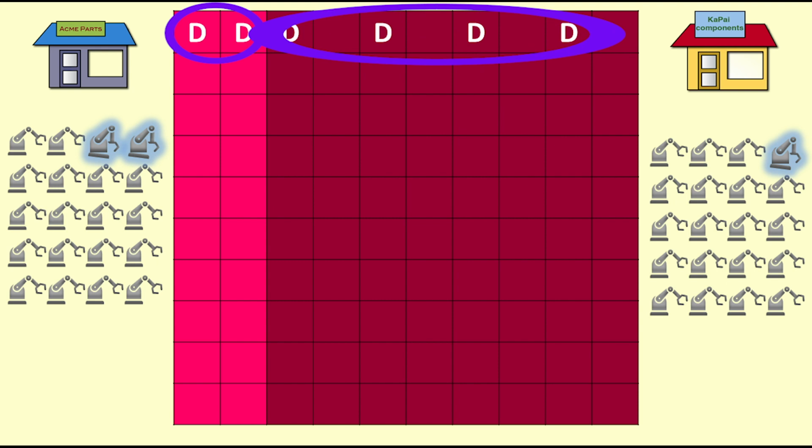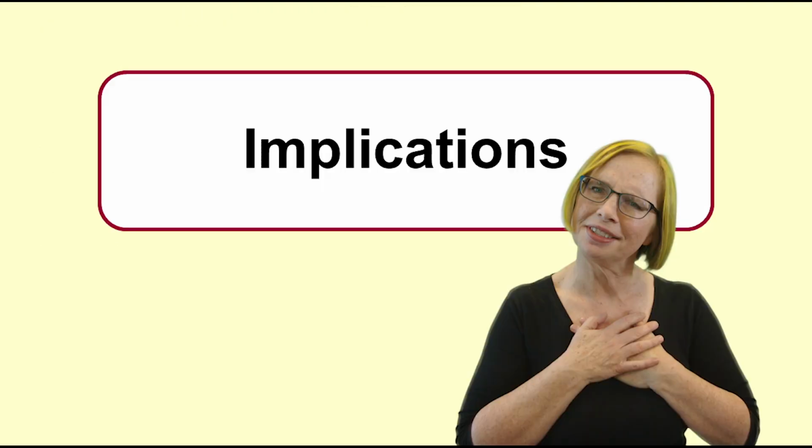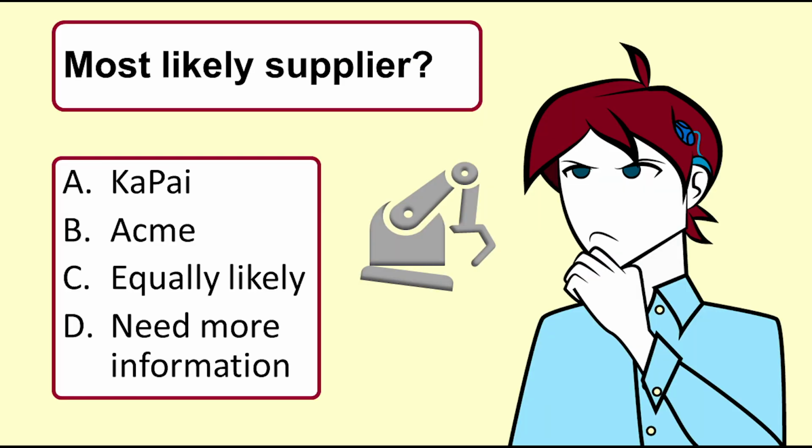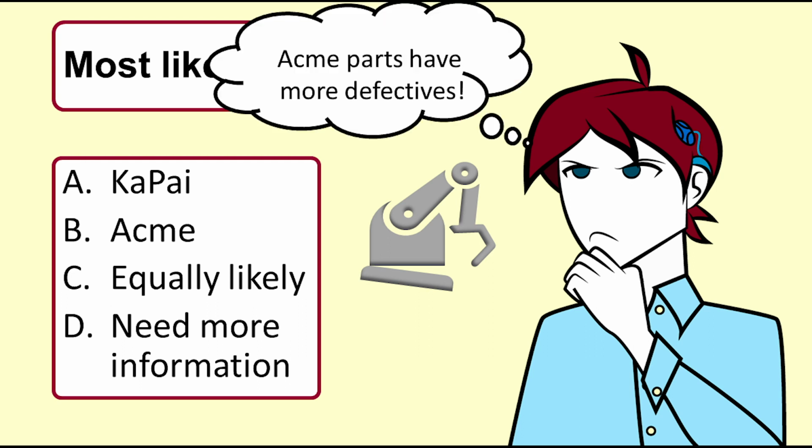So, what are the implications of Bayes' theorem? With the parts example, the tendency was to take notice of some information while ignoring other aspects of probability. Many people would say that the defective part is more likely to have come from Acme, as Acme has a higher rate of defectives.